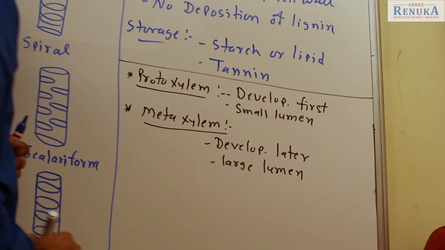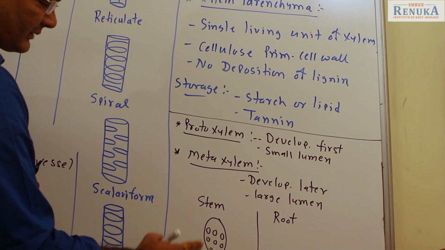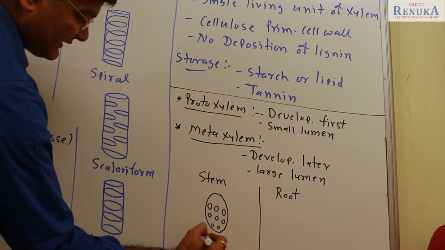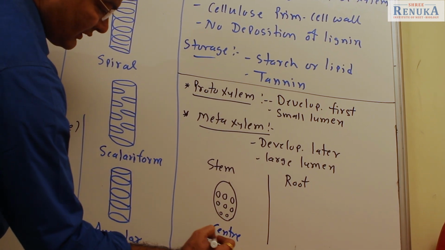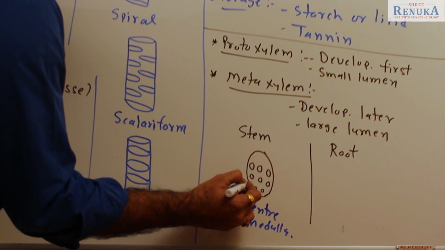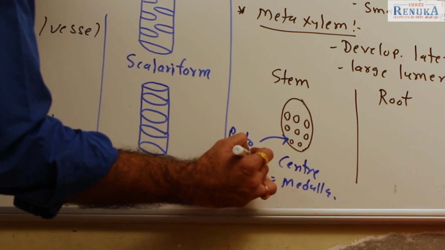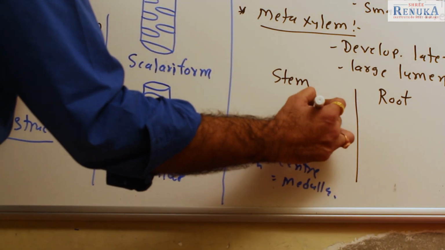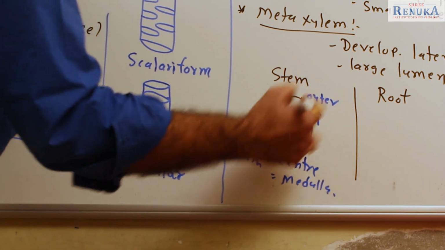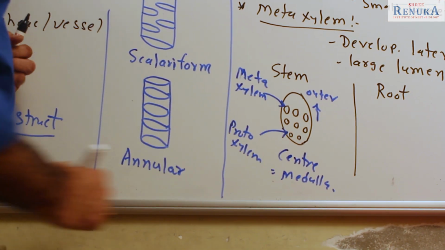That is metaxylem. If we look into the vascular bundle of the stem, in the center is the medulla region, and towards the medulla protoxylem is present, and towards the outer side, towards the periphery of the stem, metaxylem is present.